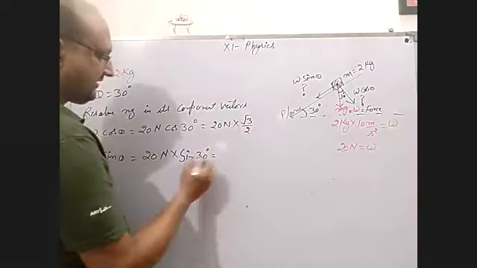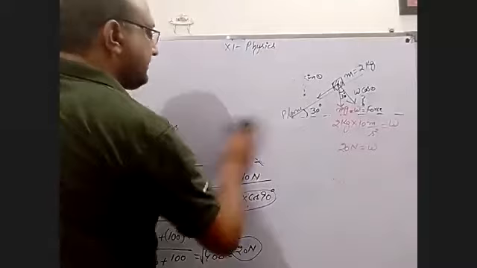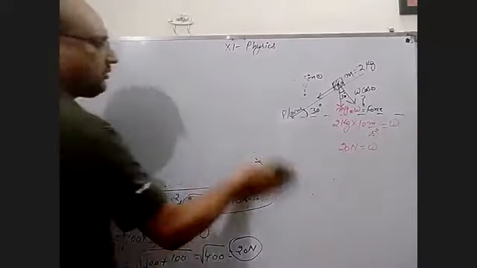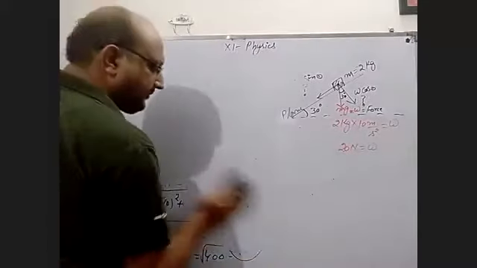So left hand side is equal to right hand side. In this way you can prove this also. Now this is resolution of a vector. By this you can take the components of a single vector. You can split vectors in two or more ways, but if you are separating into two vectors, this is a very, very important thing in physics.